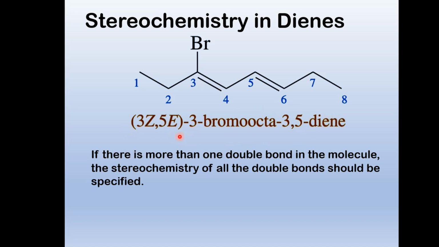You got all this other stuff out in front. You put this in to reflect where the double bonds are. So this one, the high priority groups are on the same side. This one, they're on opposite sides. So this is 3Z, 5E, 3-bromo-octa-3,5-diene. That's going to be enough for today.